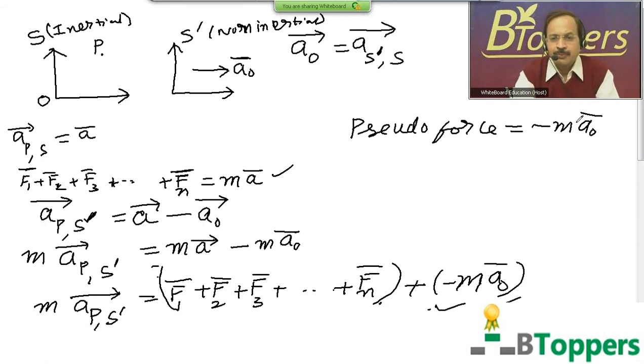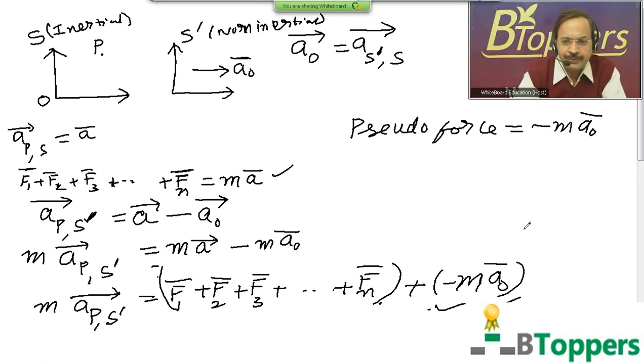So for convenience of application of Newton's laws of motion with respect to non-inertial frame of reference, we assume that in addition to all the real external forces which act on the body in the inertial frame, another force which we call pseudo force also acts on the body. That pseudo force is equal to minus m a naught bar. m is the mass of the body here, and a naught bar is the acceleration of the non-inertial frame with respect to the inertial frame.